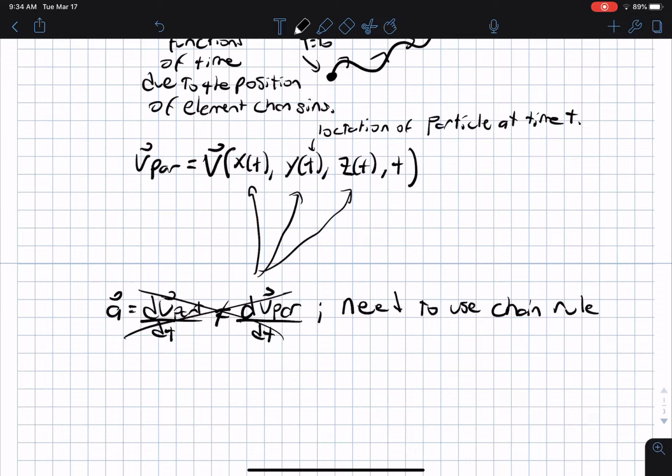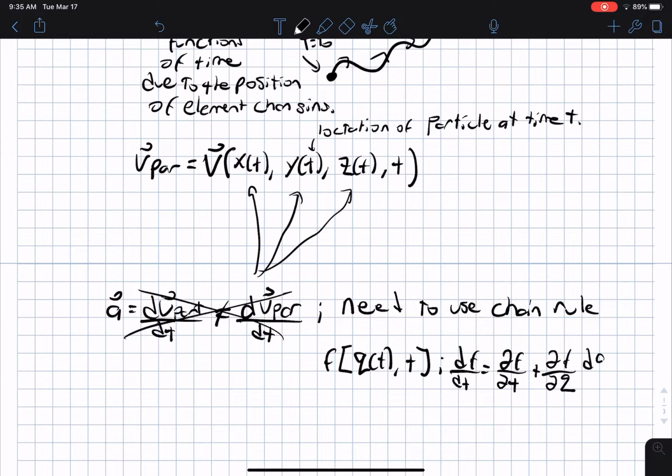Okay, and so recall for the chain rule, if you have some function f that's a function of q, which is a function of time, and a function of time, then df dt equals partial f partial t plus partial f partial q dq dt.